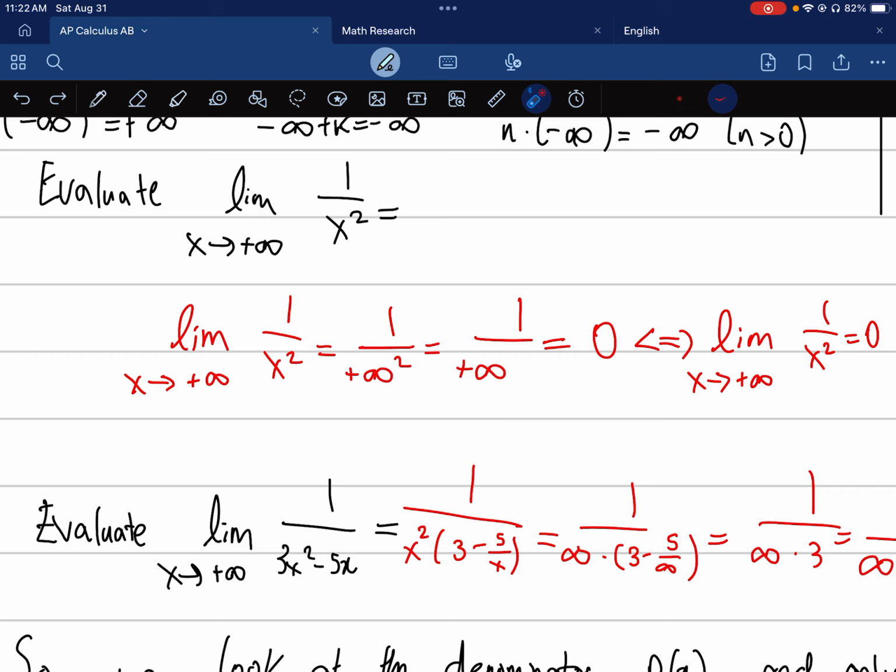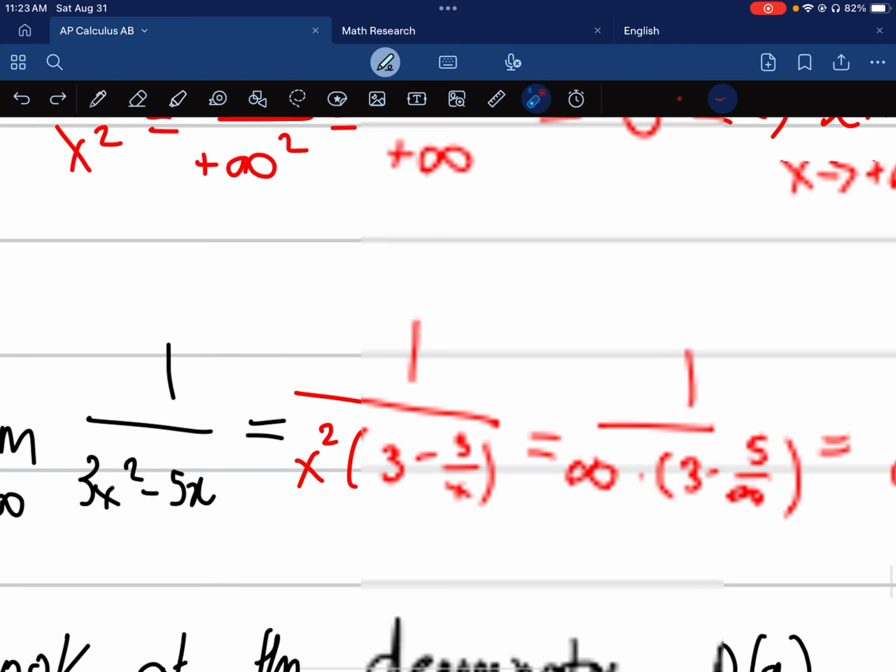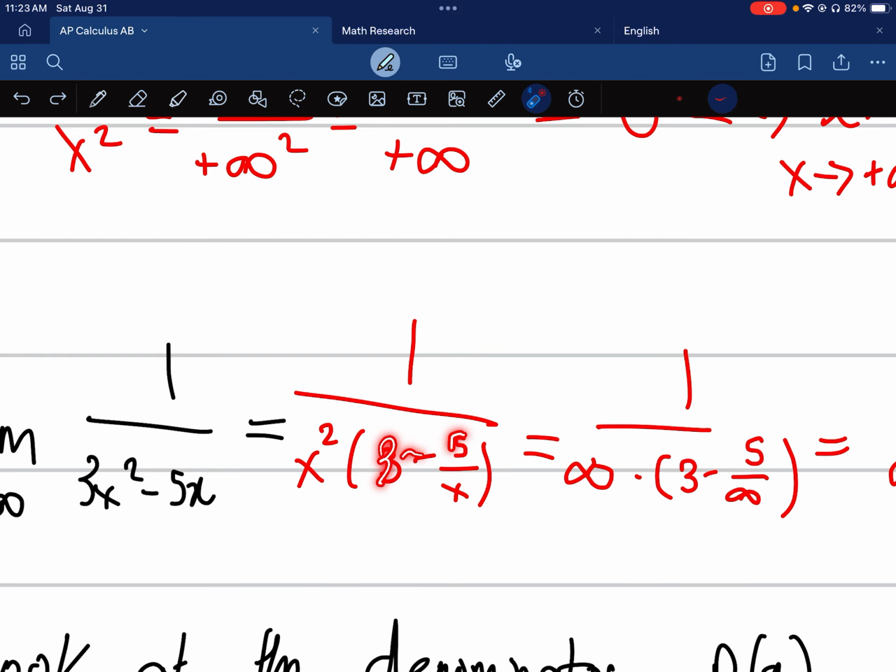So this limit, as x approaches plus infinity of 1 over 3x squared minus 5x, we can factor out an x squared to get 3 minus 5 over x, which is equal to 1 over infinity times 3 minus 5 over infinity.